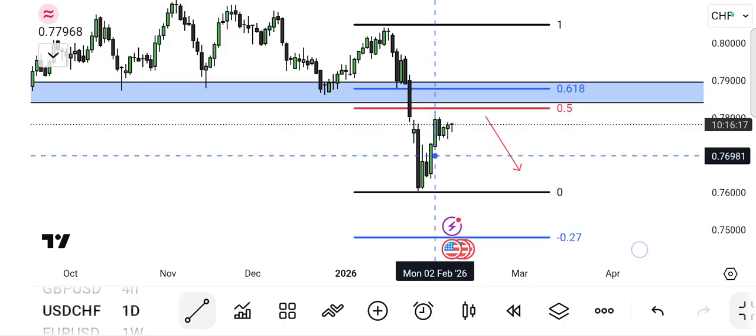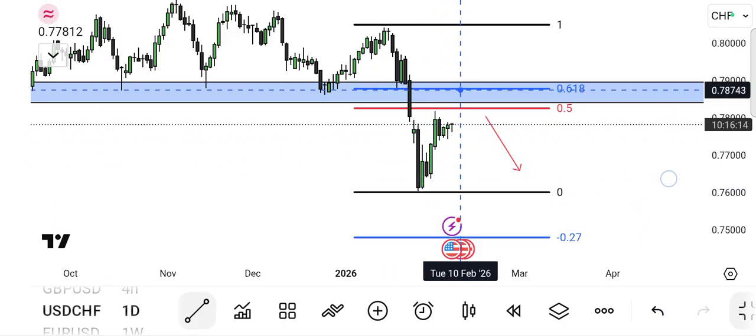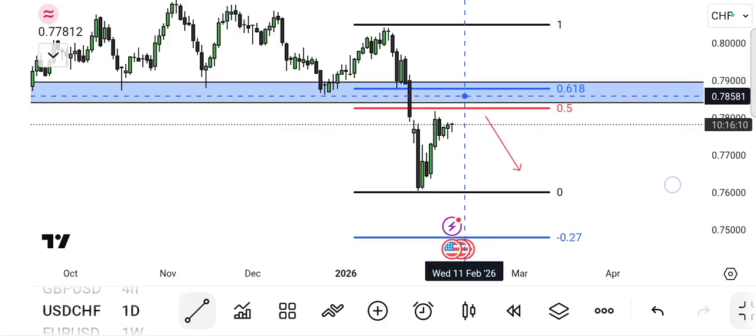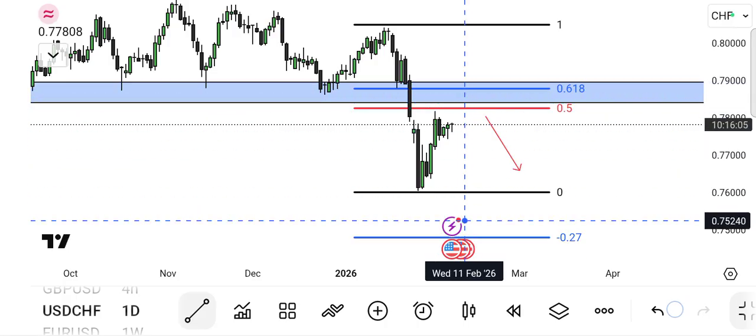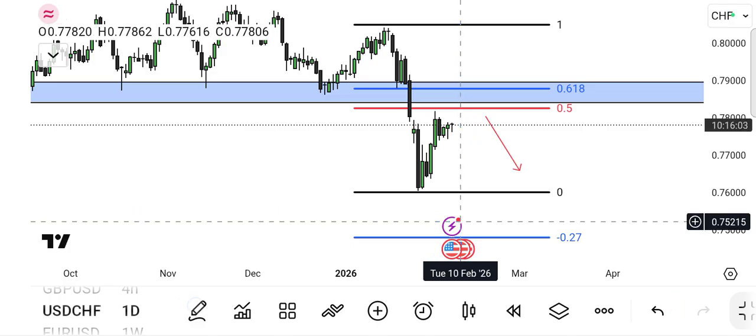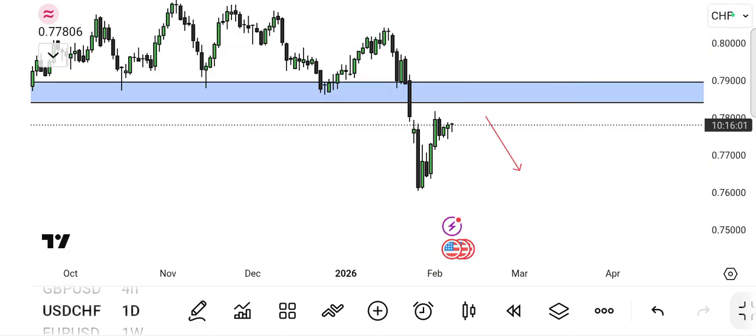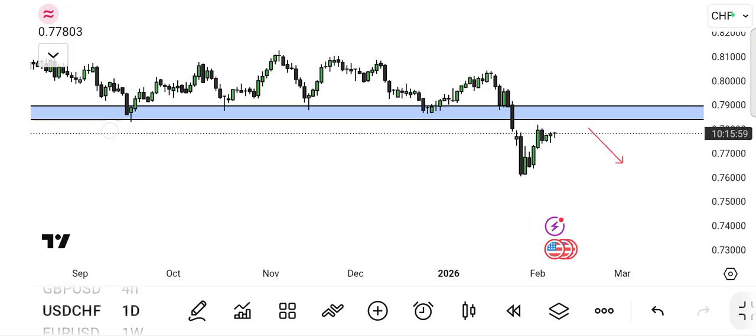So we'll be expecting a further pullback, a pull up to the 50 or 60 pip retracement level, before the market will drop down.